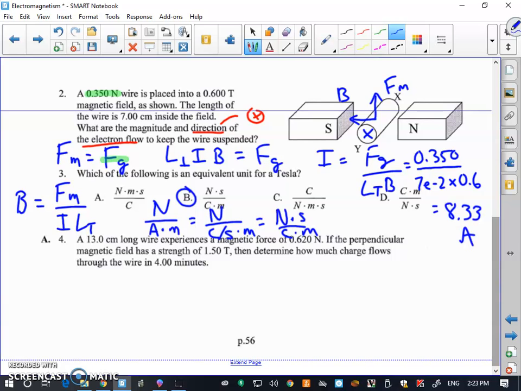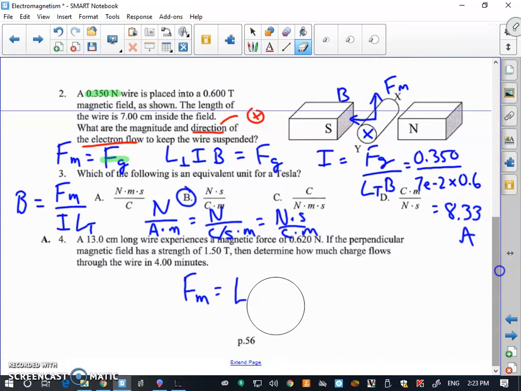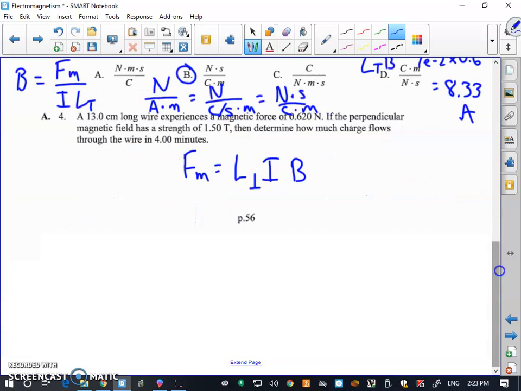So what we should do is we should go ahead and calculate I in the formula. So Fm equals L perpendicular, I, B. Let's solve it for I. I is equal to Fm over L perpendicular and B.